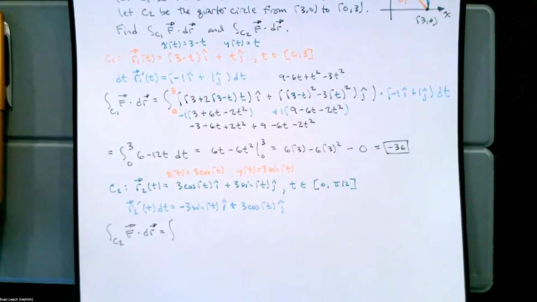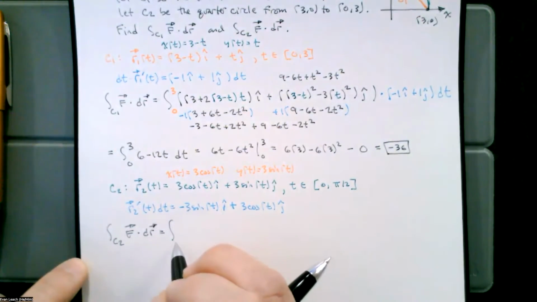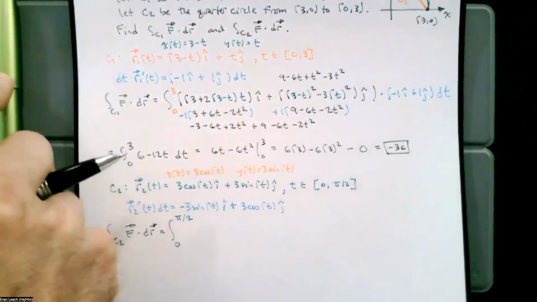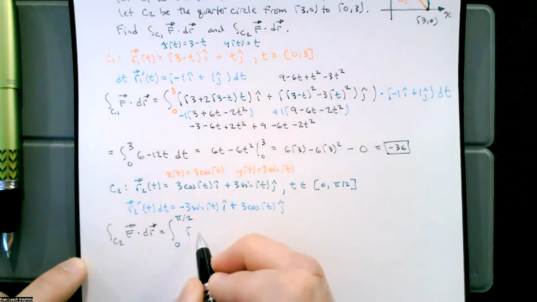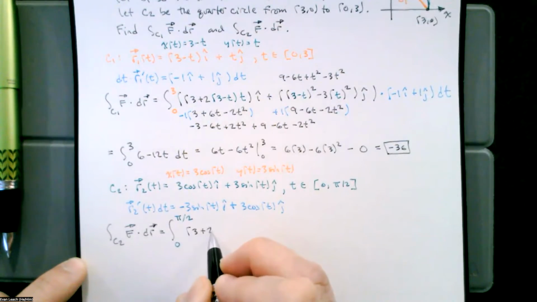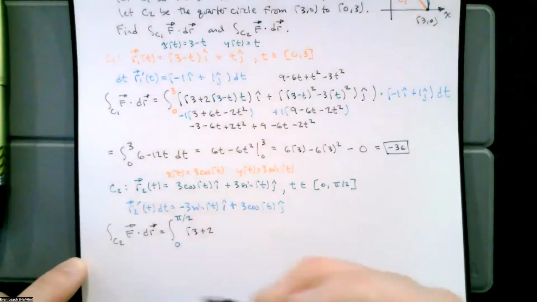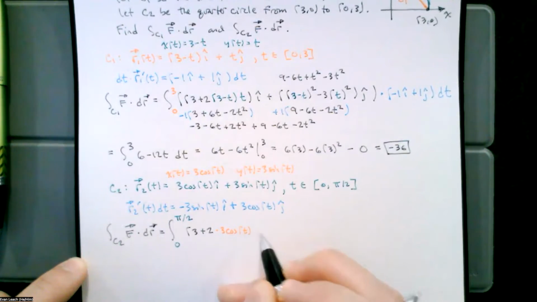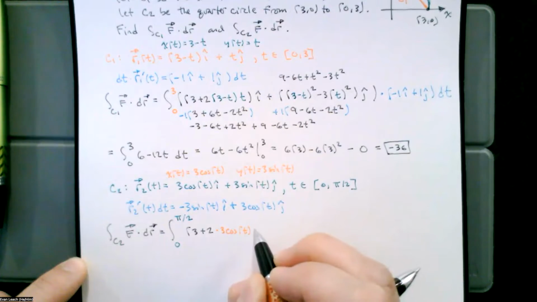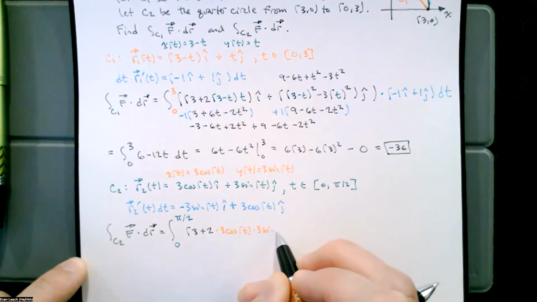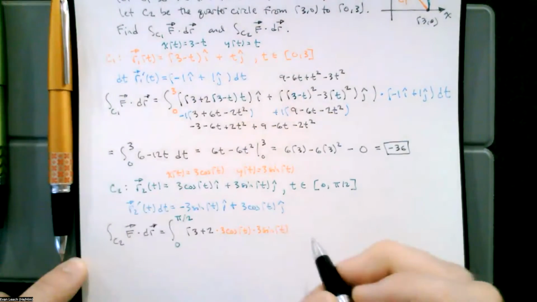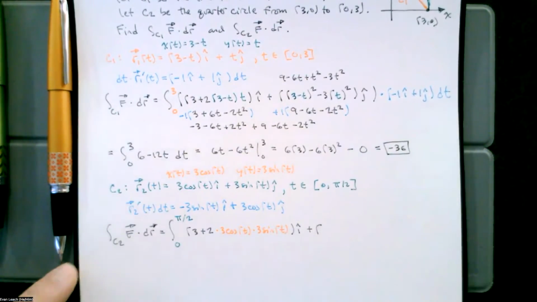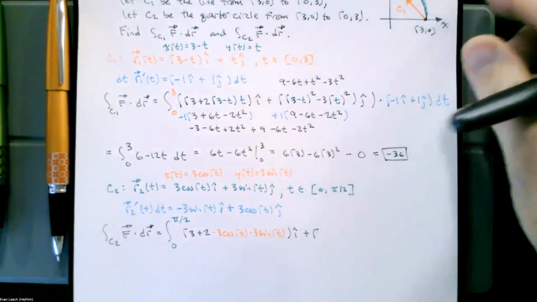We know this is going to turn into a simple integral from 0 to pi over 2. And then we'll have our I component, 3 plus 2 times x, which is 3 cosine t, times y, which is 3 sine t. There's our I component. And our j component.